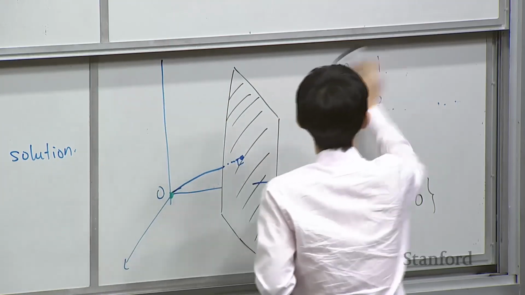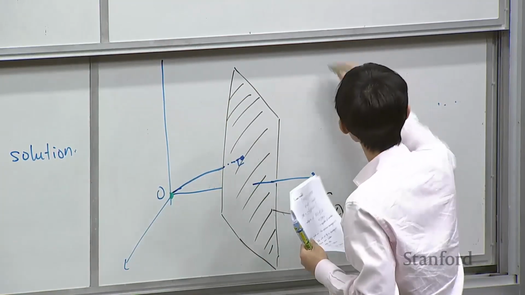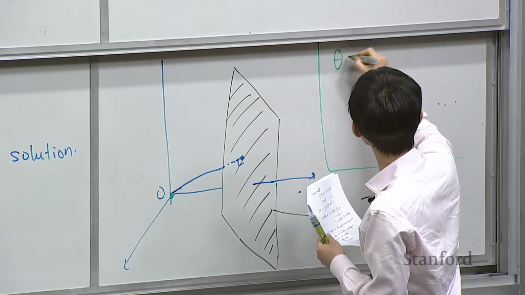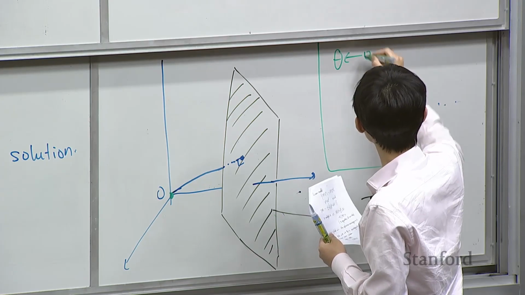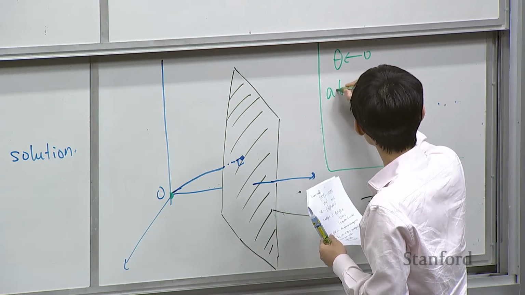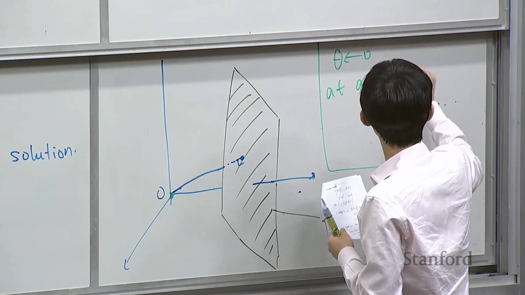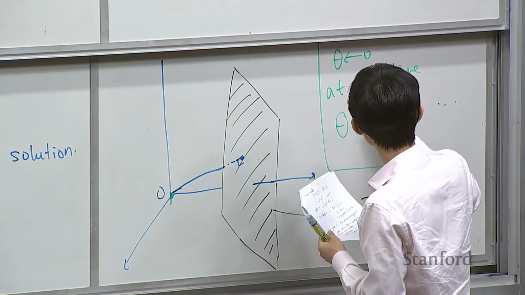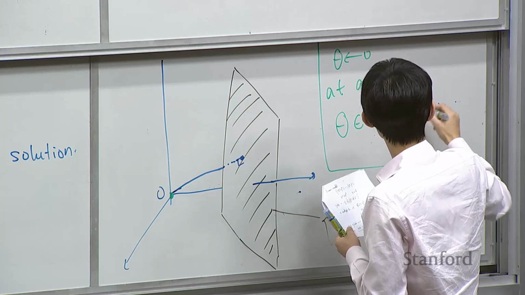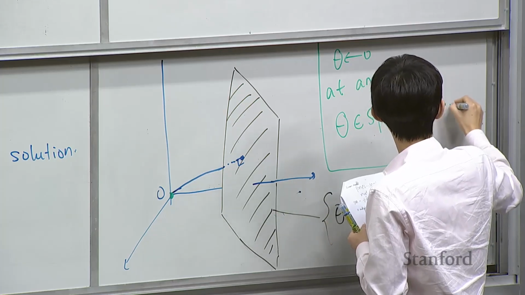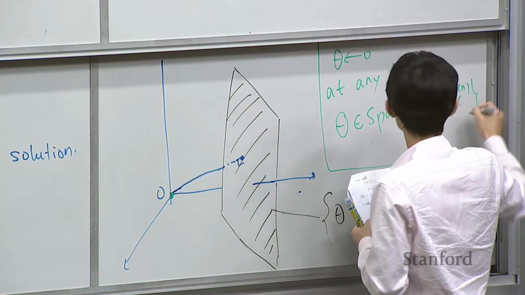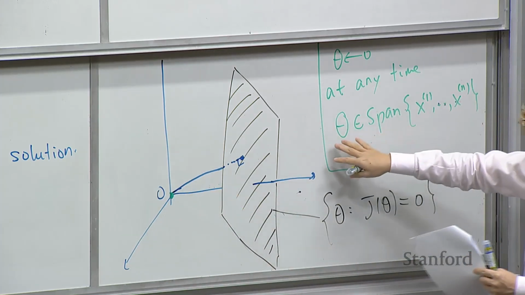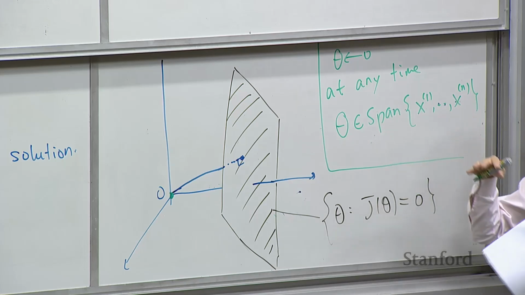You have a property such that if the initial theta is 0, then at any time your theta is always in the span of all the data points. Here I only have one data point, so basically your theta cannot move arbitrarily to any place.